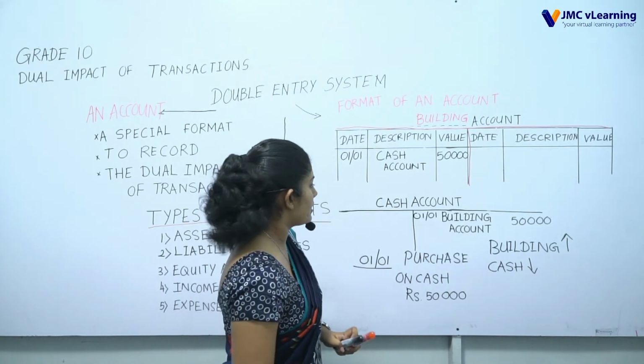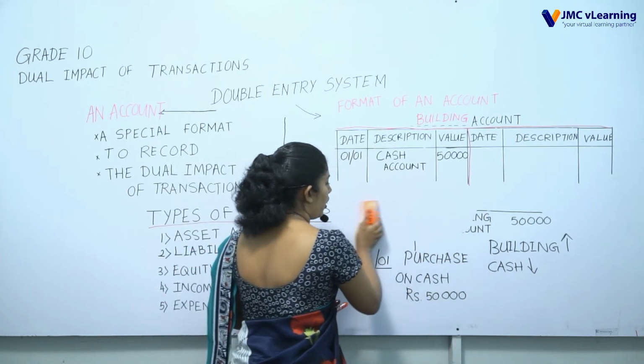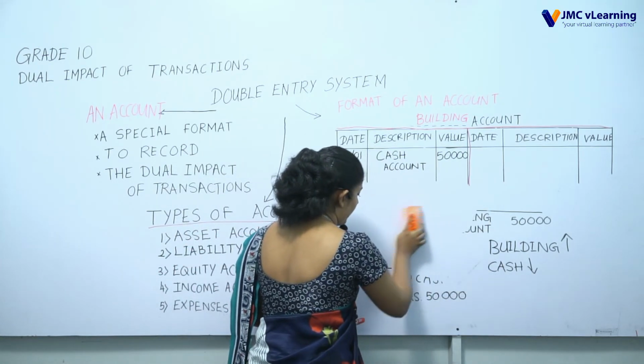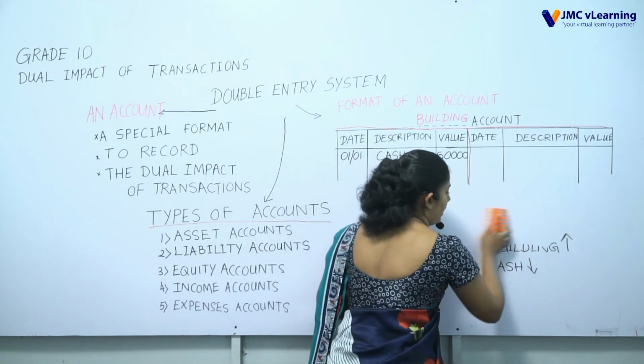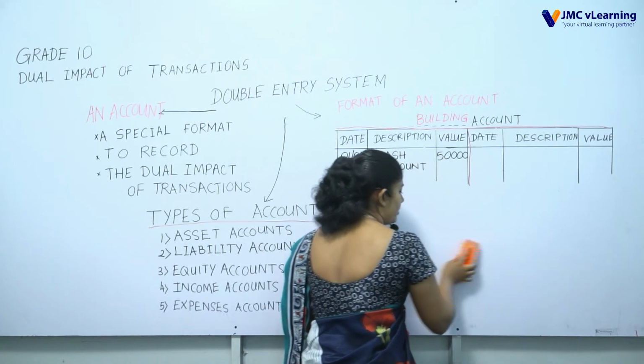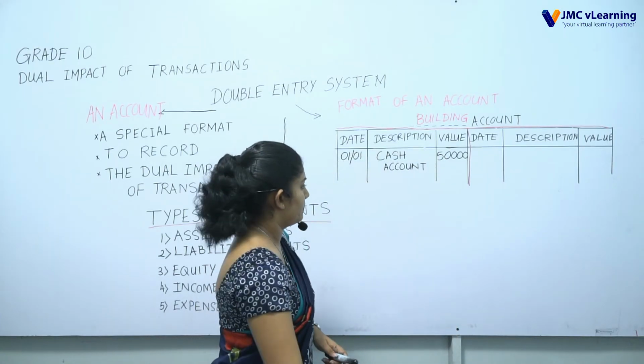That is because we record these transactions according to an accepted method, which is known as the double entry system, but somewhat complex method like this.